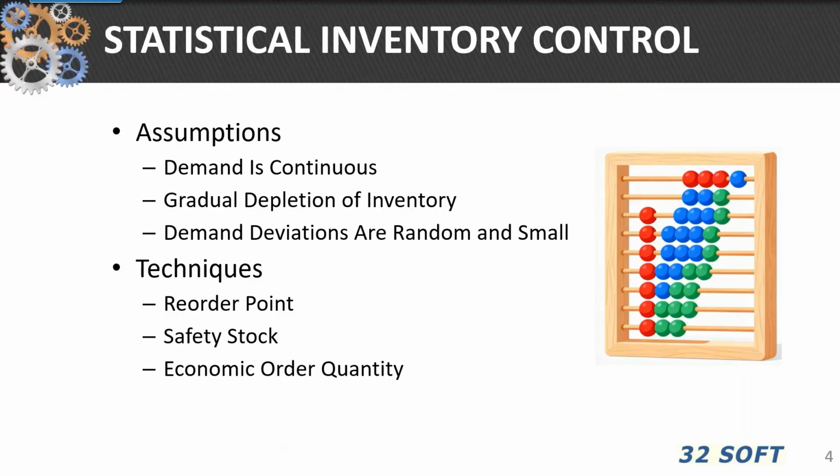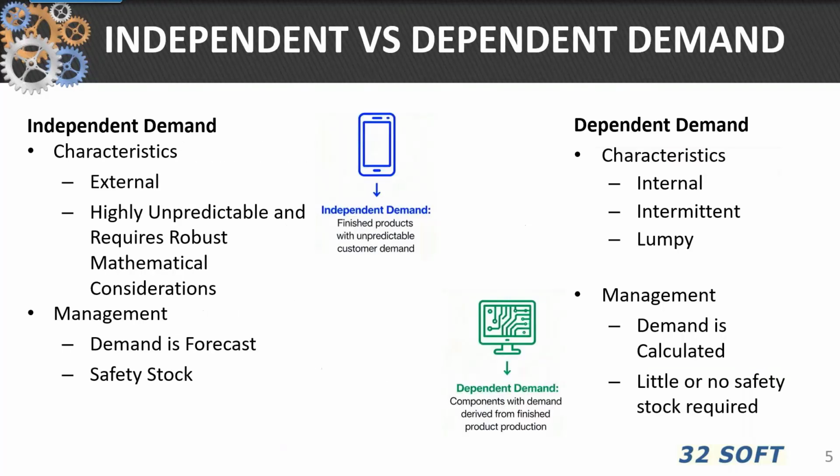These statistical techniques are based on understanding historical data patterns and the need and the ability to project those patterns into the future. In the world of statistical inventory control, probably one of the most important differentiations we can make is to understand and apply the technical differences between dependent and independent demand.